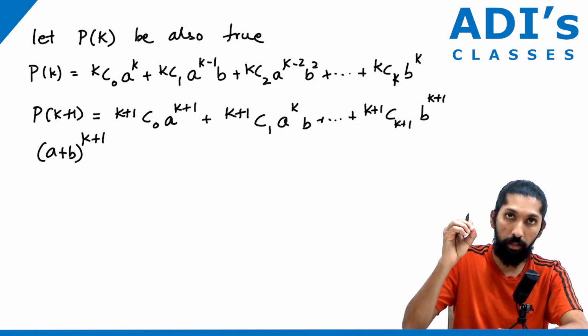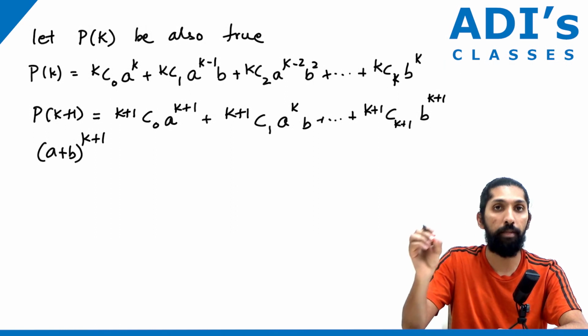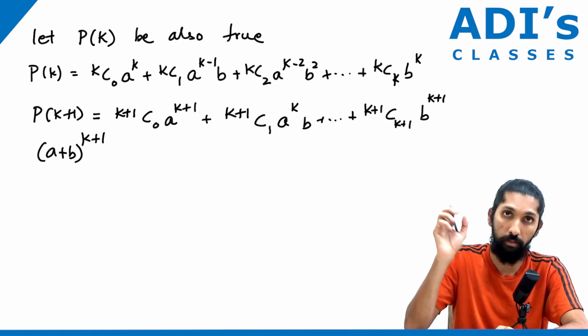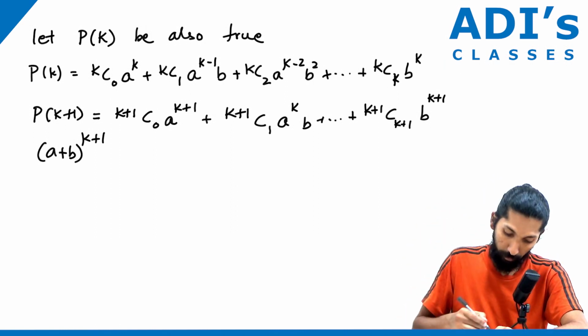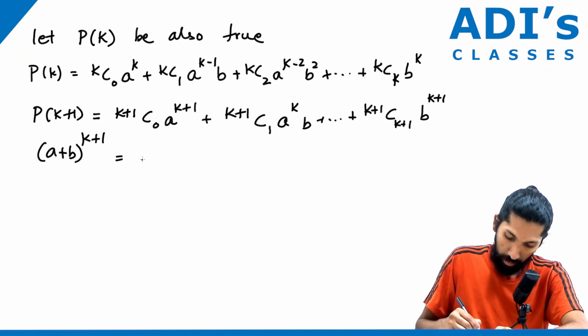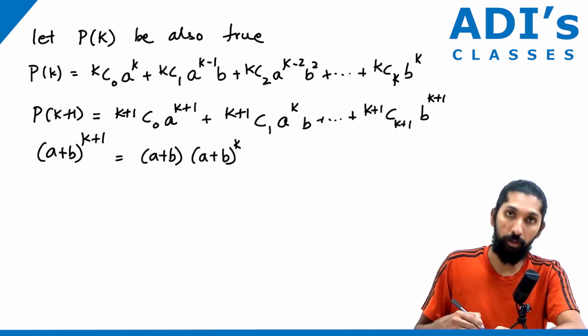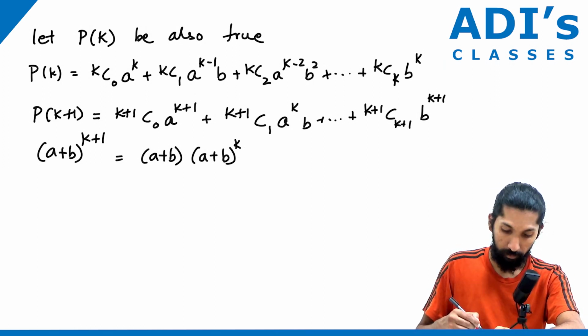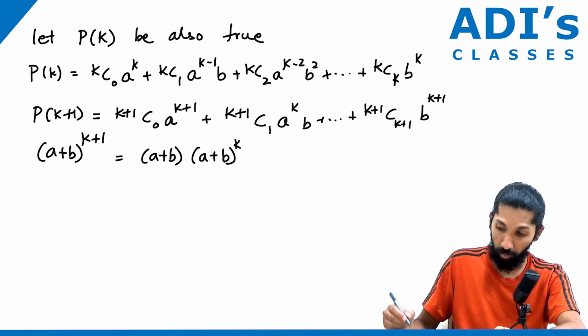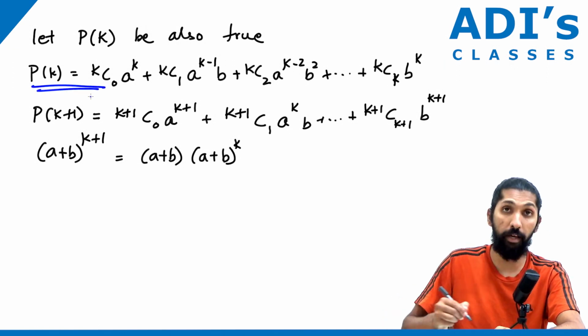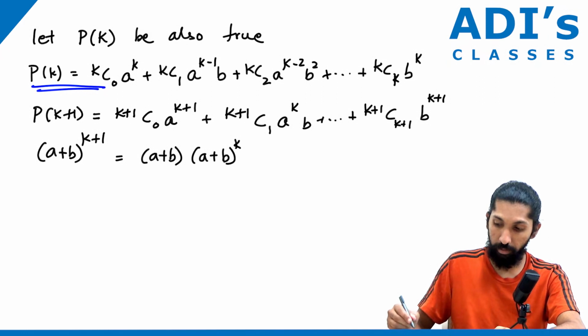Now we'll use the normal multiplication of two binomials, the algebraic method. We can write this as (a plus b) into (a plus b) whole power k, isn't it? We know what (a plus b) whole power k is, correct? Because (a plus b) whole power k is nothing but this P of k. We can substitute that here.